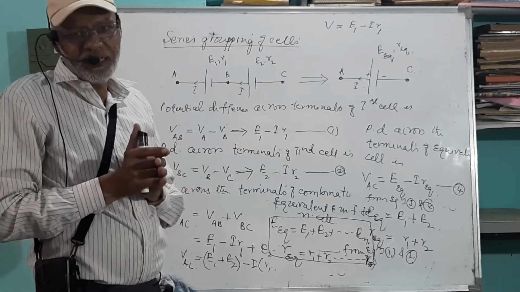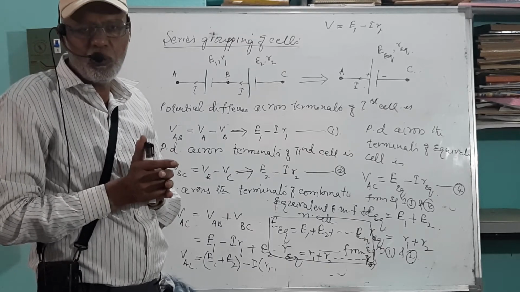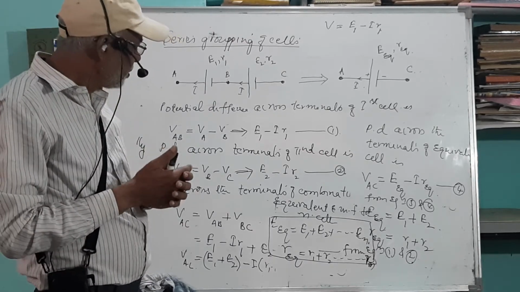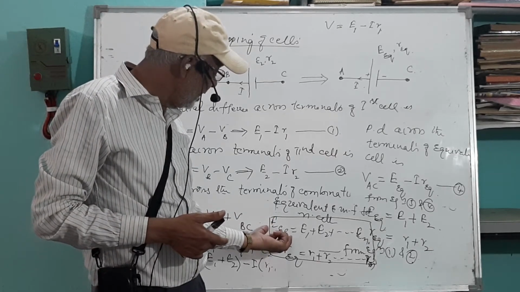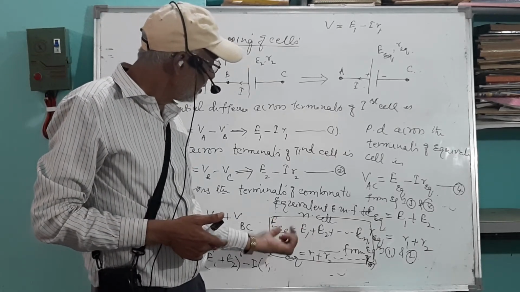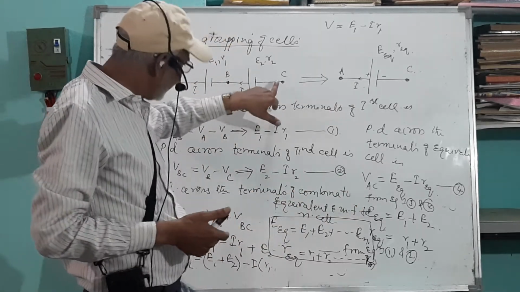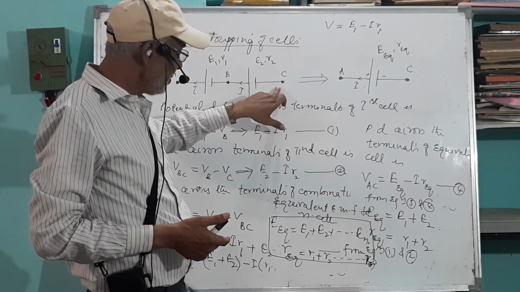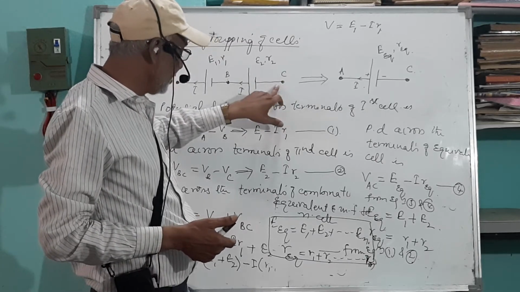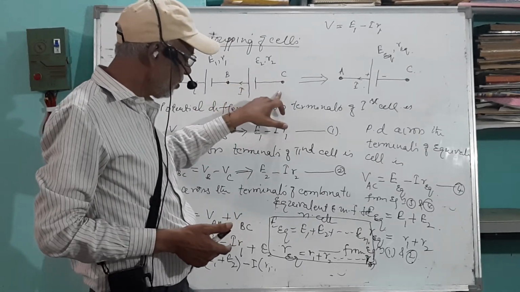So you add the EMF of 5 cells, that is 7.5 volt. So if 5 cells are connected in series, the equivalent EMF is 7.5 volt.